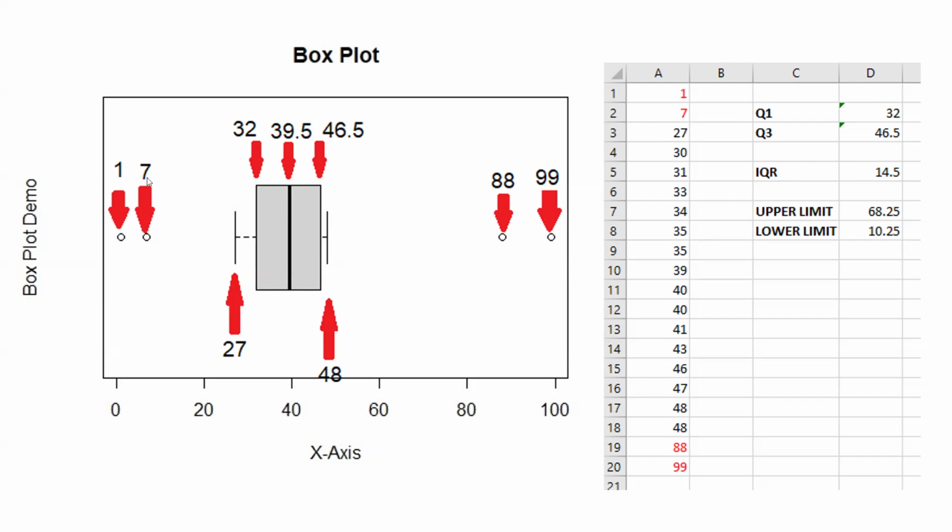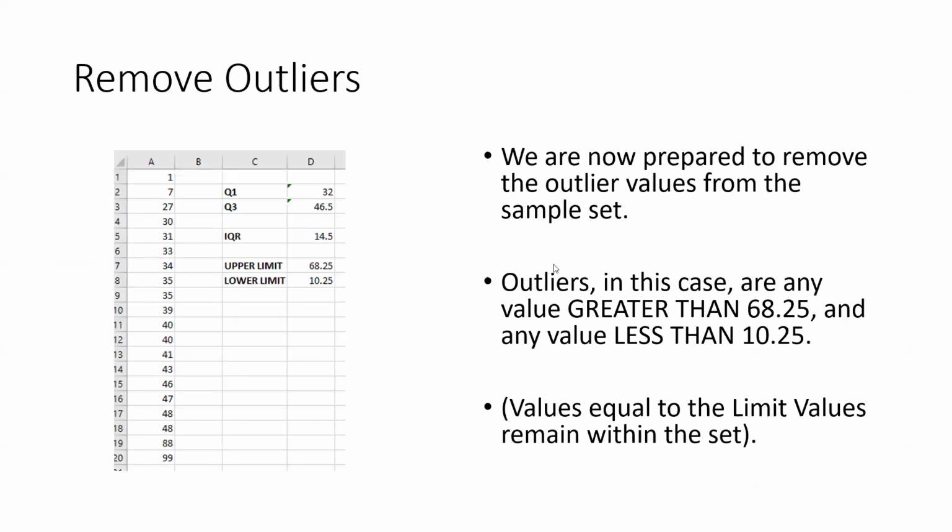And the technique from which the outlier values are defined as it relates to this box and whisker plot is the technique which we discussed in the earlier slides, which was values which are greater than 68.25, less than 10.25.